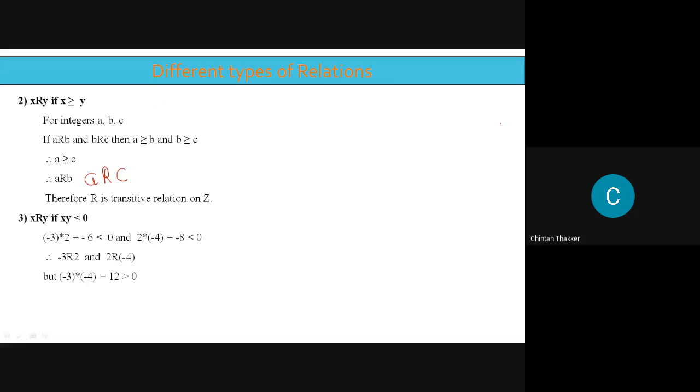So minus 3 is not related to minus 4. Therefore, the given relation is not a transitive relation. In place of less than 0, if we have greater than or equal to 0, then it will be a transitive relation.